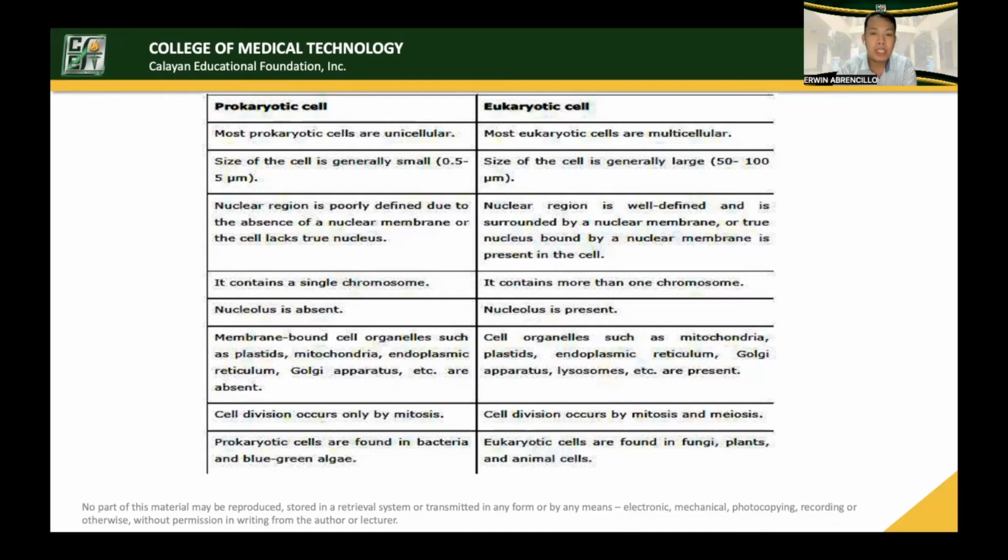That's why they are unicellular. And then for the eukaryotic cell, cell division occurs by both mitosis and meiosis. Examples of prokaryotic cells are the bacteria and the blue-green algae. And for eukaryotic cells, you have the kingdom fungi, plants, and animal cells.